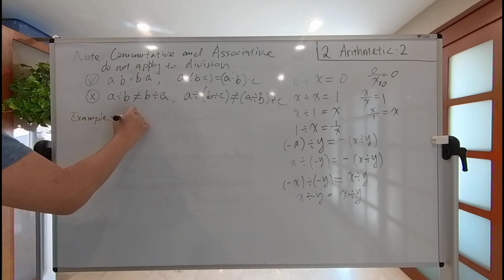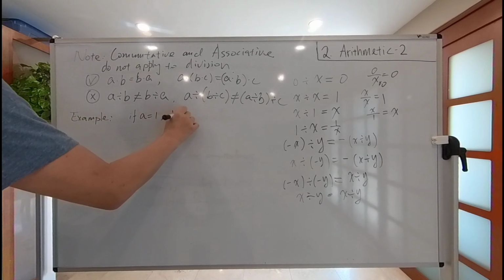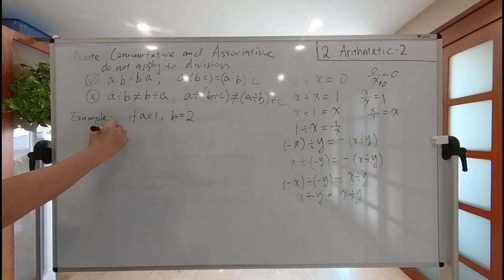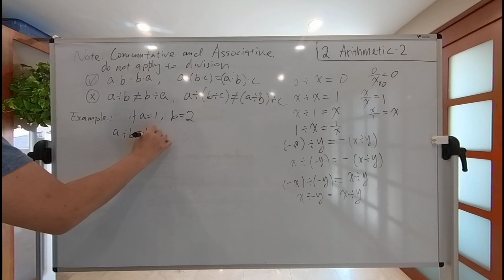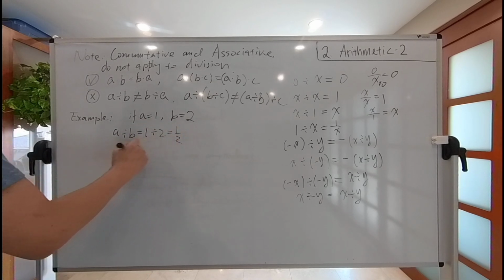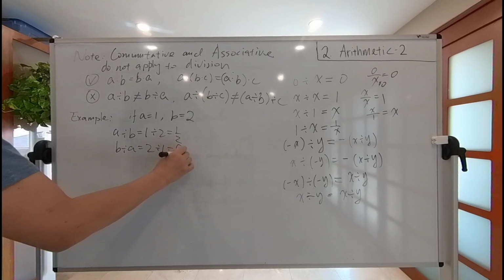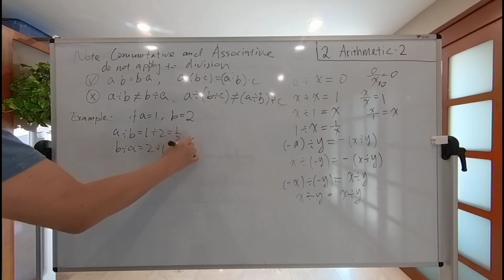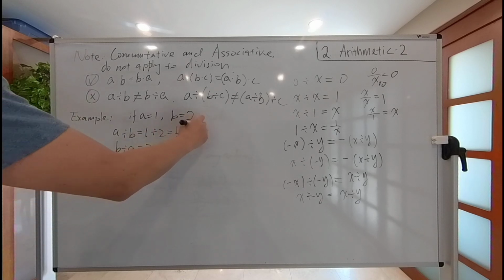For example, if a equals 1, b equals 2, then a divided by b is 1 divided by 2, which is 1 over 2. However, b divided by a would be 2 divided by 1, which is 2. So apparently these two numbers do not equal each other, so the commutative rule doesn't apply to division, right?